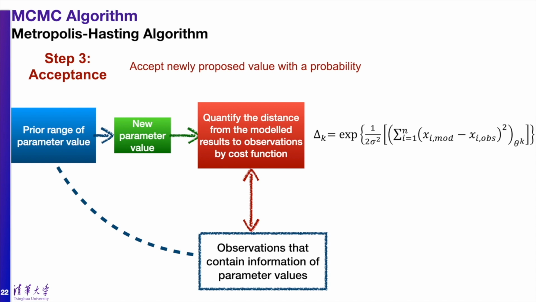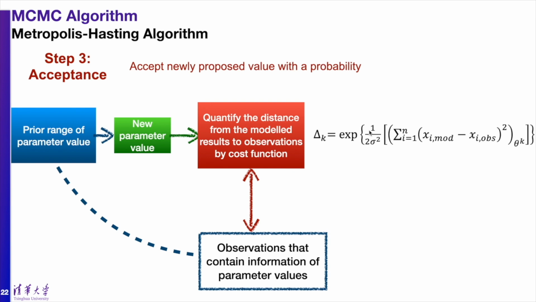After the proposal of parameter values, we can now evaluate how suitable the proposed parameter value is to the observations. Here we can use a cost function to calculate how the proposed parameter value can explain observations.